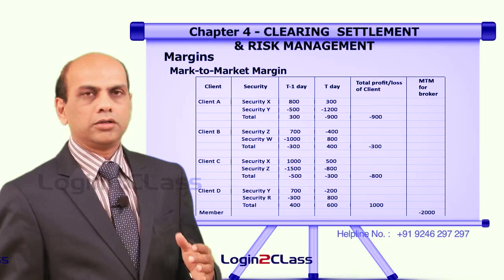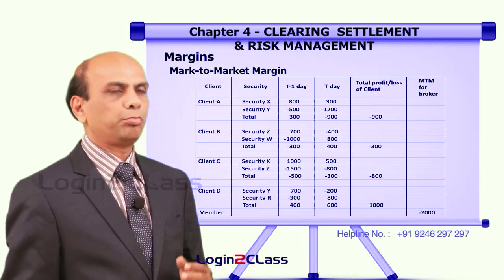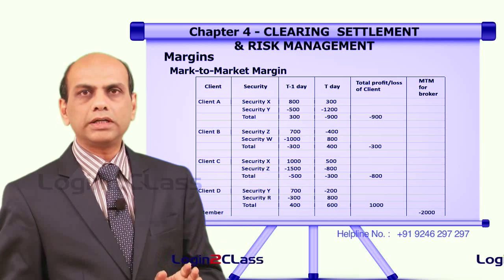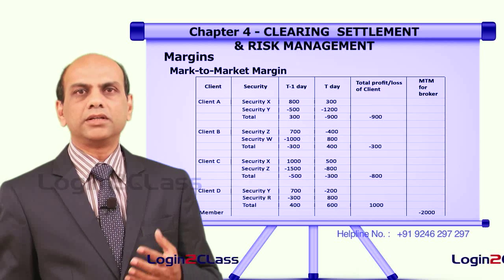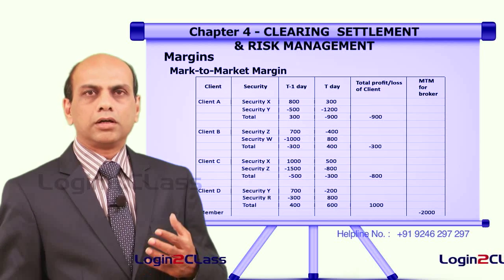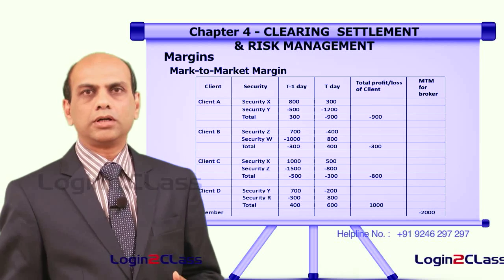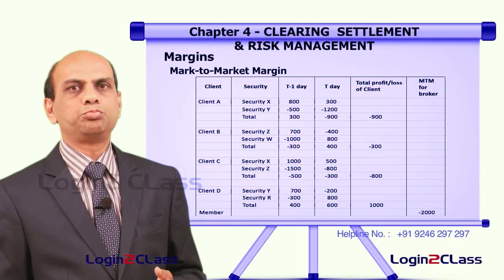So if I take total MTM, this particular client C has to pay minus 500 and minus 300. So totally the MTM is minus 800. So 800 rupees he will have to pay continuously as the position gets into a loss if the market price of that securities keep changing.